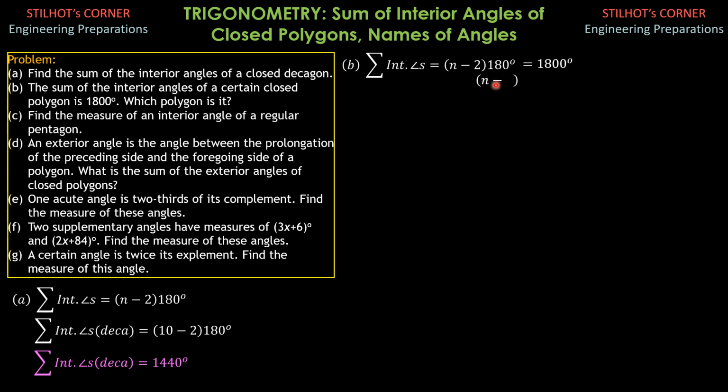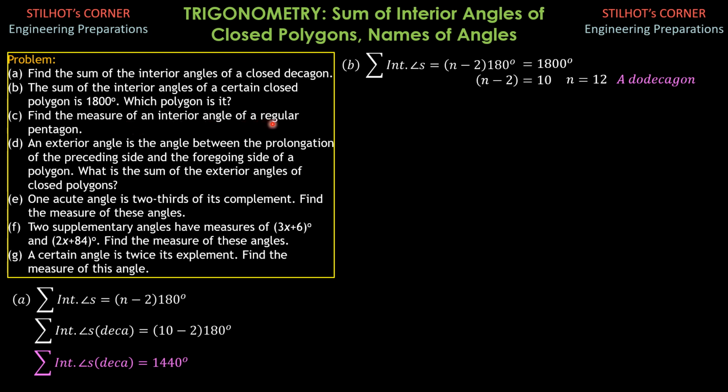So quantity n minus 2 times 180 degrees equals 1800 degrees, over 180 is 10. So n therefore is 10 plus 2, n is 12. And since the polygon has 12 sides, it is called a dodecagon. So dodecagon.